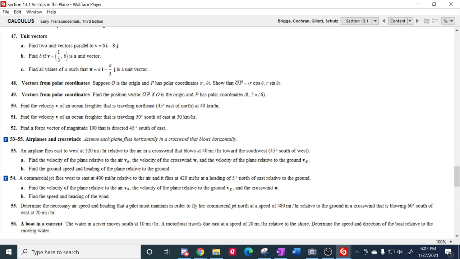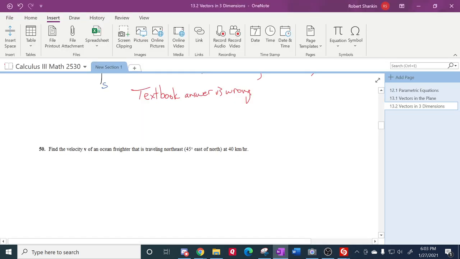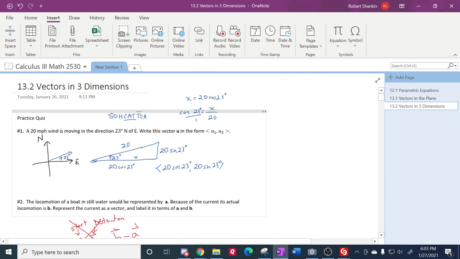It is what they did. Yes. Okay. They give it in this form, where they give you the direction and the magnitude, and they just want it in component form. And that's all they want you to do. And that's much like problem 1 in our practice quiz today.